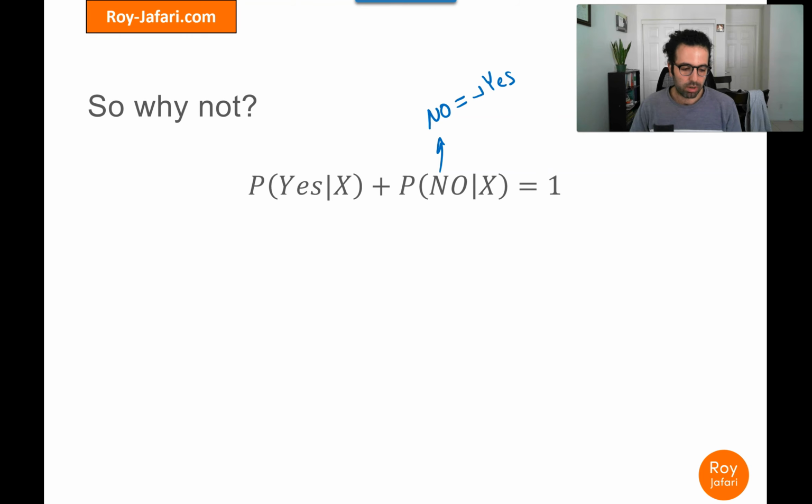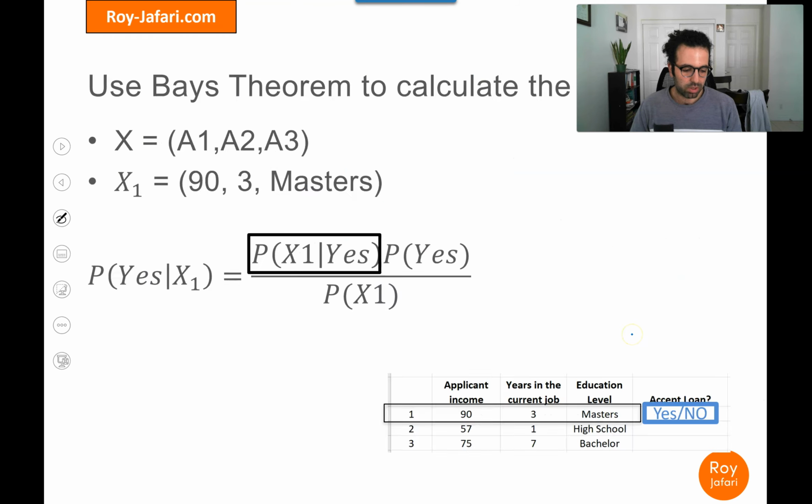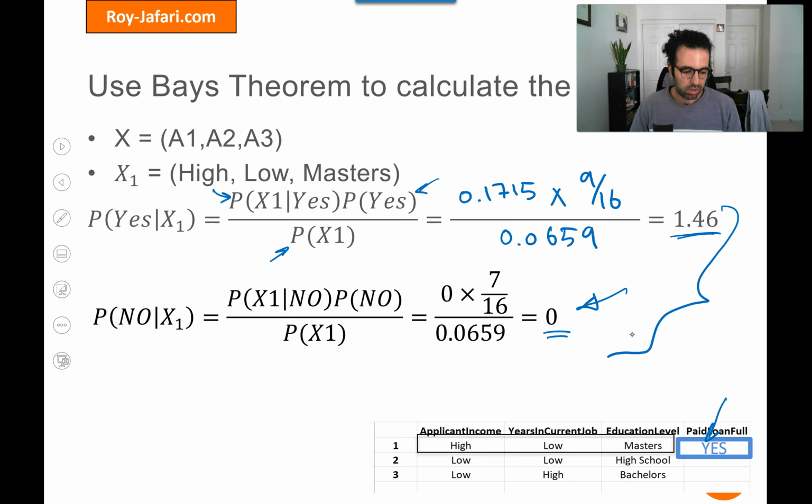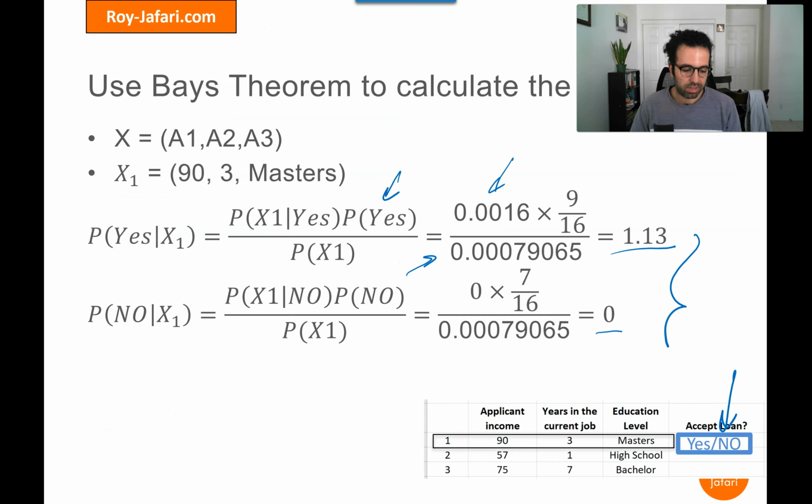For both our calculations, here it was 1.13, and for the other one, when we used discretization, it was 1.46 plus 0. So both were larger than 1. Why is this happening?